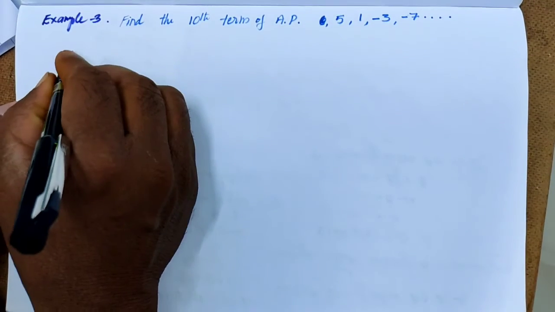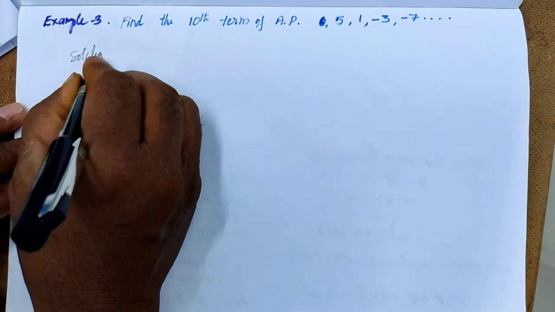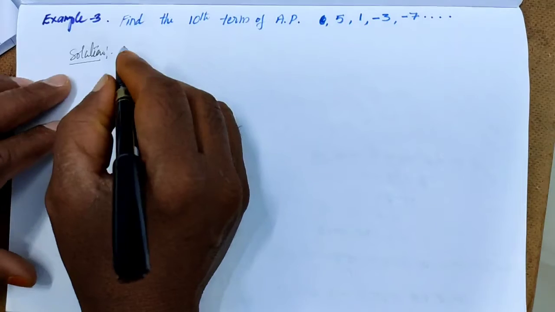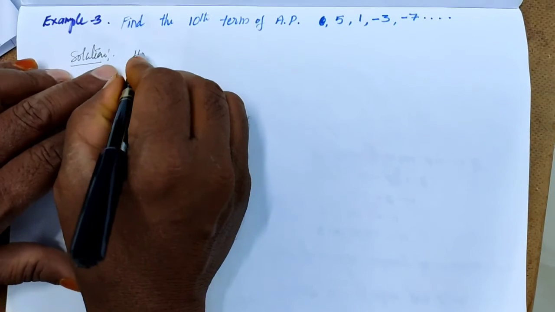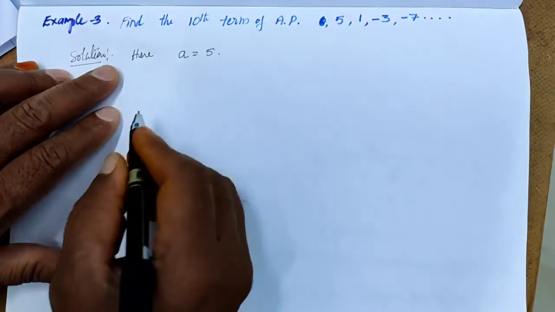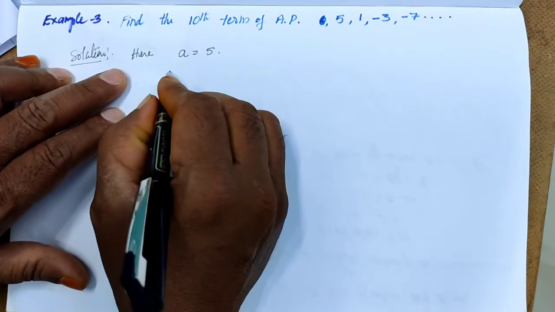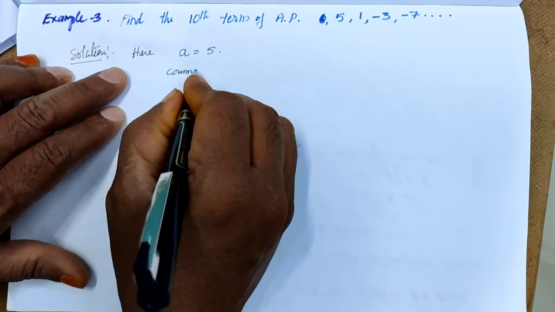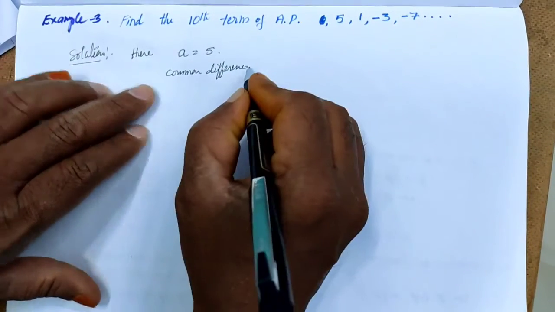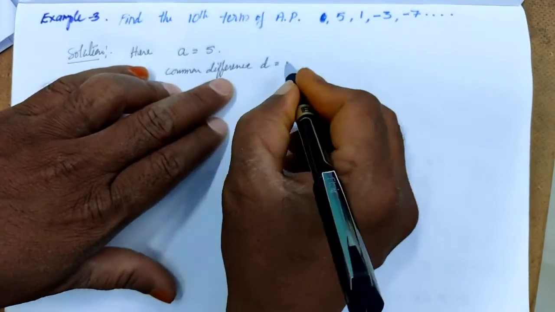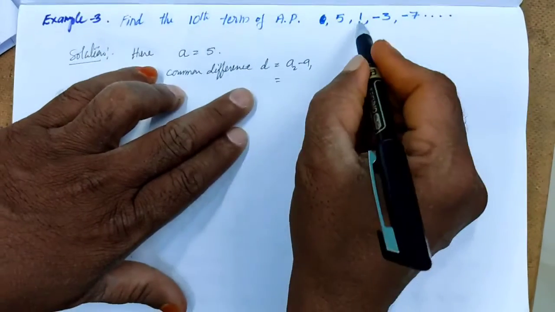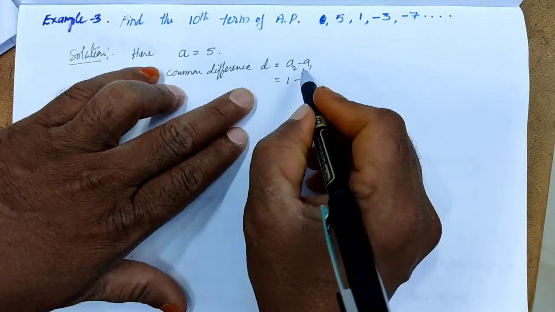Okay, so the solution for this is: as we know, the first term a is equal to 5 and the common difference d is equal to a2 minus a1. What is a2? 1, and a1 is 5.